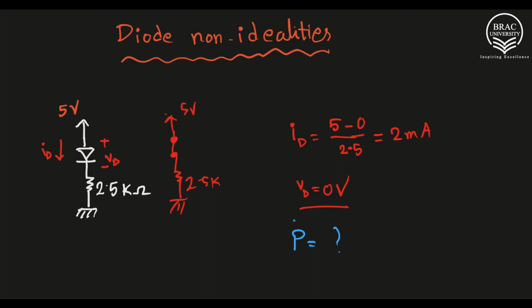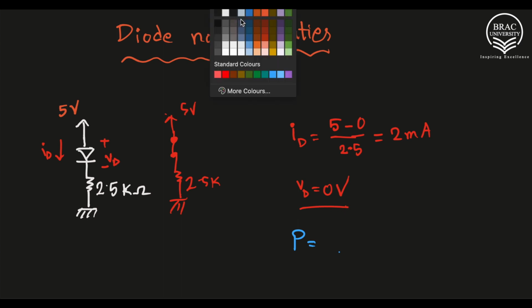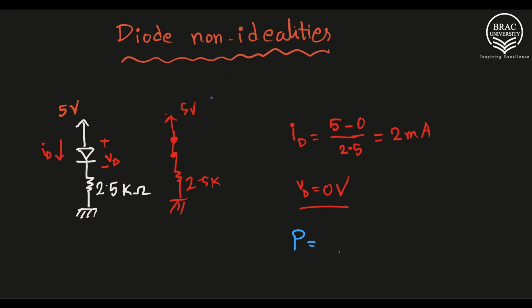Now, what about the power consumed by the diode? If you remember from CSE250, the formula for calculating the power consumed by a device is equal to voltage times the current. Here the voltage is 0 volt and the current is 2 milliampere.